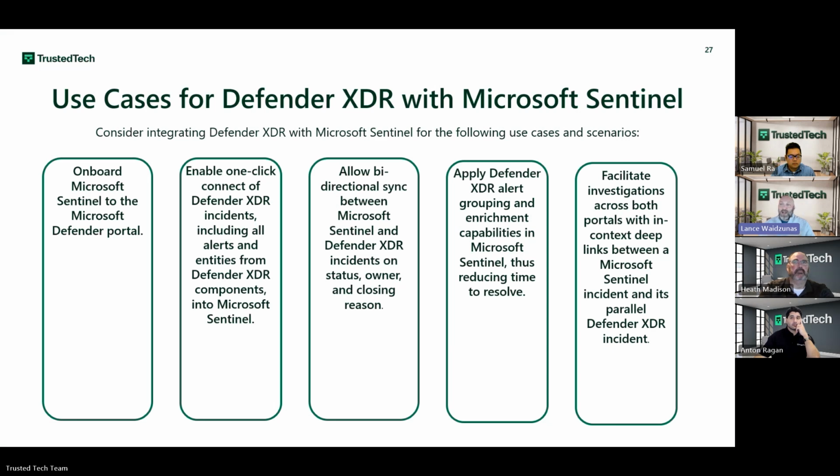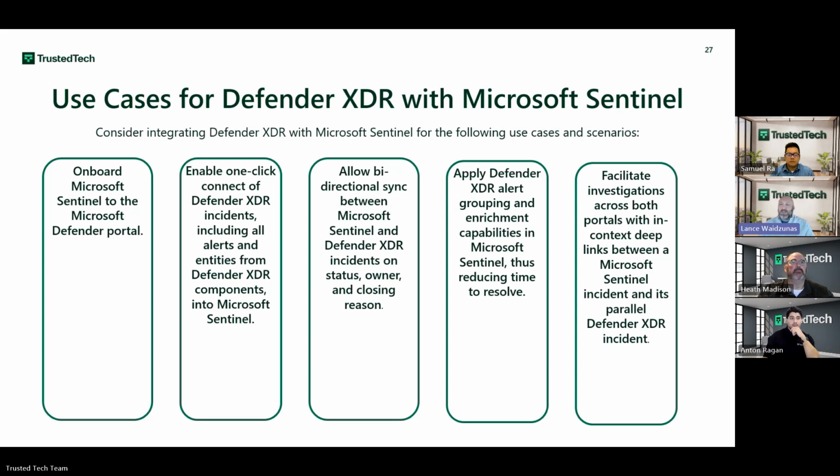Well, first thing, you've got to onboard into Sentinel. A lot of clients already have some of the licensing for this built in, and that's something that TrustedTech can help you determine as we start working together on maybe a security assessment, which we'll talk about a little bit later. But once you've got everything set up, it's really as simple as one click to onboard everything, creating a bi-directional sync between Sentinel and XDR to share this information back and forth. Then we create our alerts, and then we create our investigations.